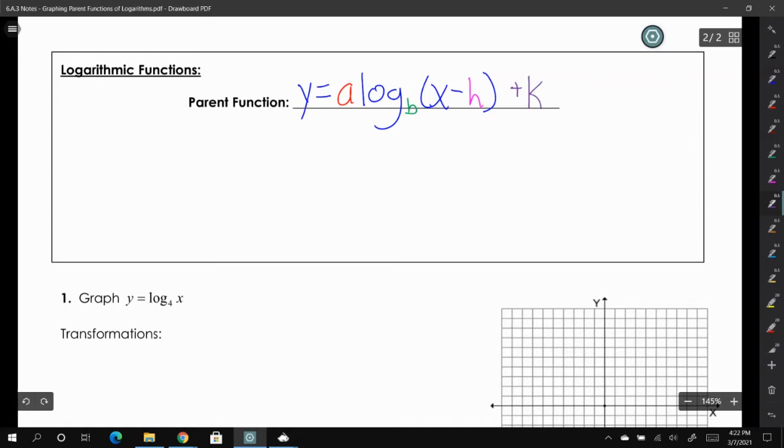Okay, so like we've known before, the a value gives us a vertical shrink or stretch. It also tells us if we have a reflection or not.